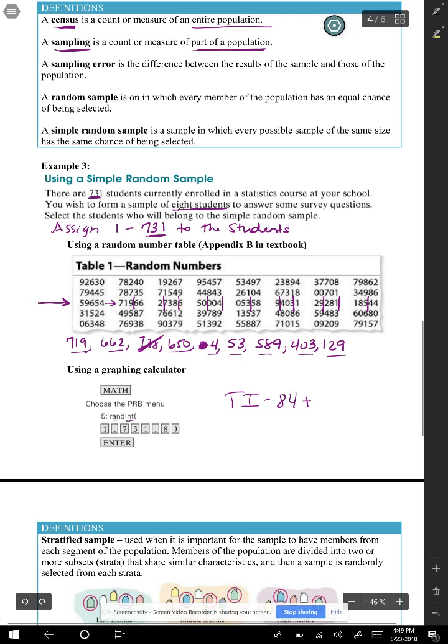And then what you're putting in here is the smallest we want to use is 1, the largest number is 731, and we want to pick 8 numbers. And when you push enter, the calculator will just randomly give you 8 numbers between 1 and 731. And if you did it again, it would give you a different set of 8 numbers. That's why it's called a random number generator.